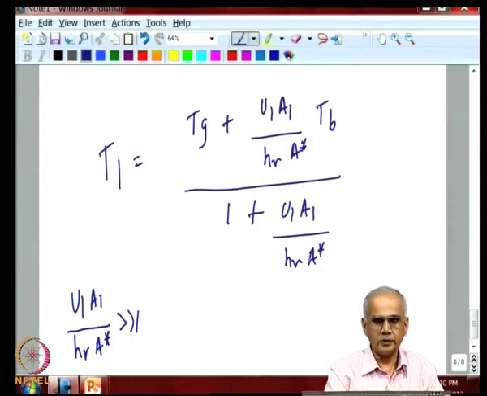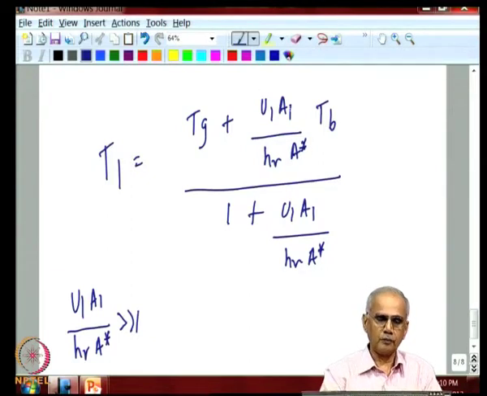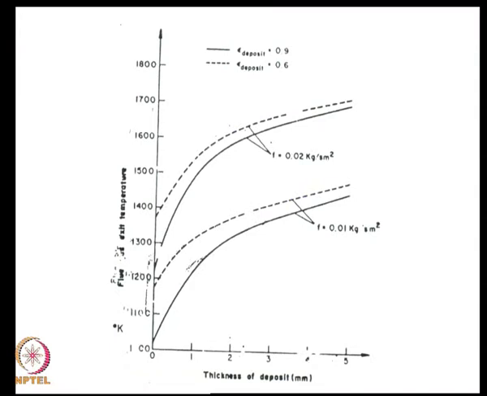This term dominates, you can say T1 approaches Tb, which is the case without really any ash deposit. On the other hand, if this is quite small, then the sink temperature will approach the gas temperature. So, that can be quite an important influence on the efficiency of this.